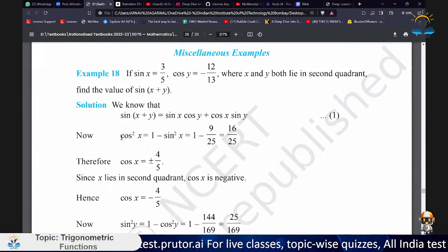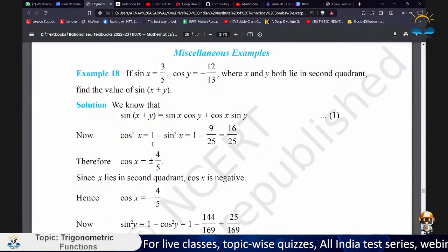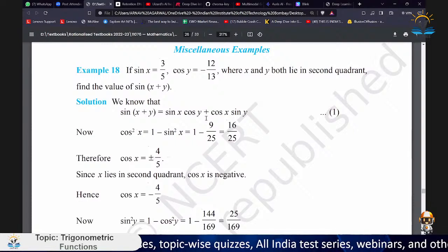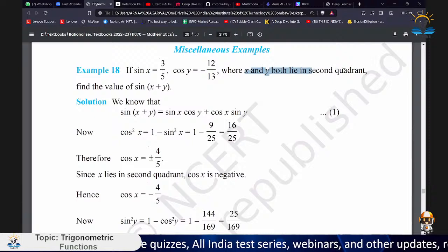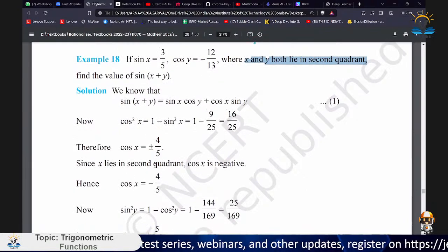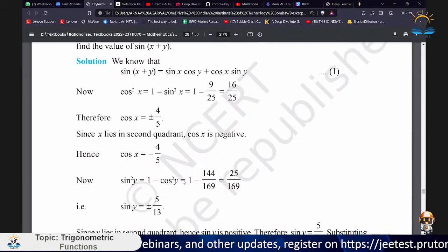We also know that cos squared x plus sin squared x is equal to 1. So we can first of all get the value of cos x, which is plus minus 4 by 5. Now, to eliminate one of them, we can use the information that x and y both lie in the second quadrant. Since x lies in the second quadrant, cos x has to be negative. In that case, cos x is minus 4 by 5.